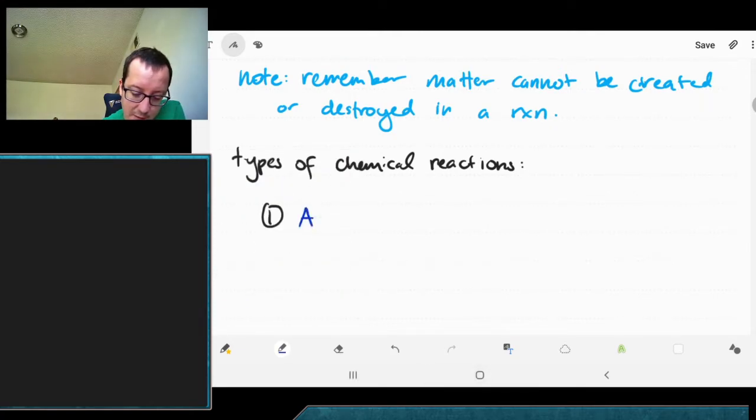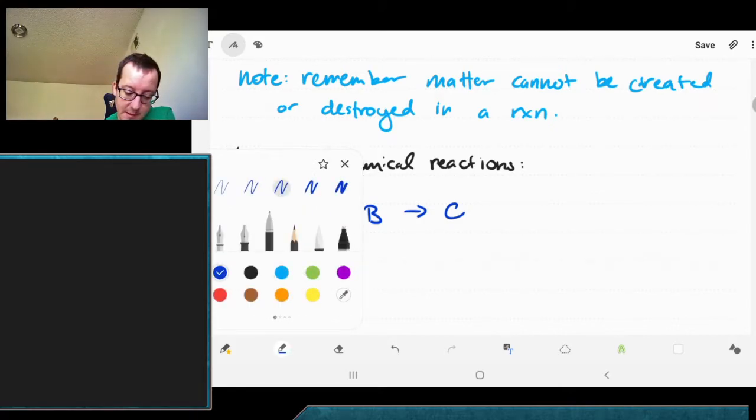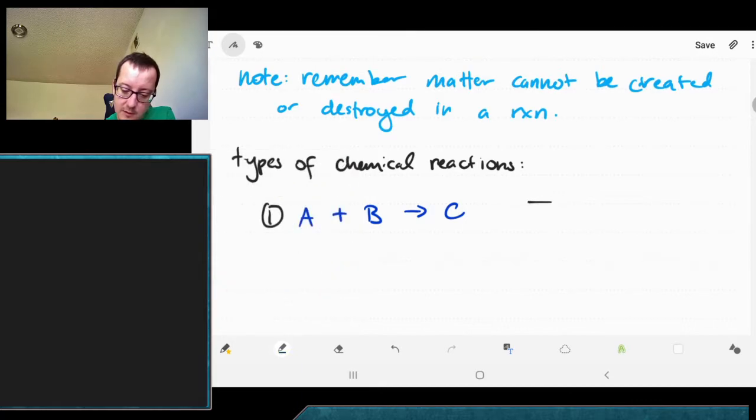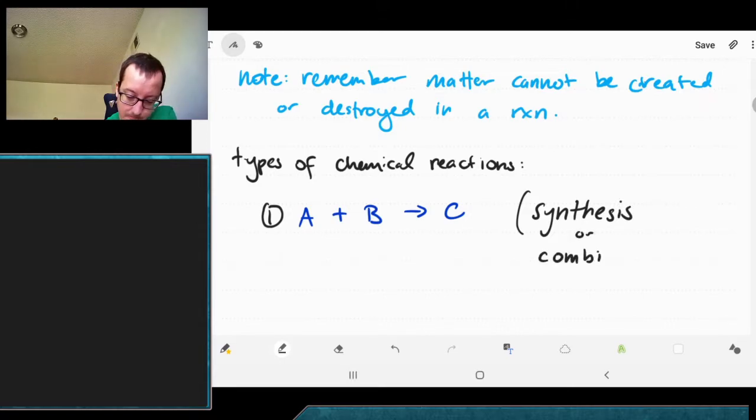We're going to have 2 things or more. We're going to stick them together and make a new thing. This type of reaction is called synthesis or combination. And so we're just taking 2 things and putting them together.